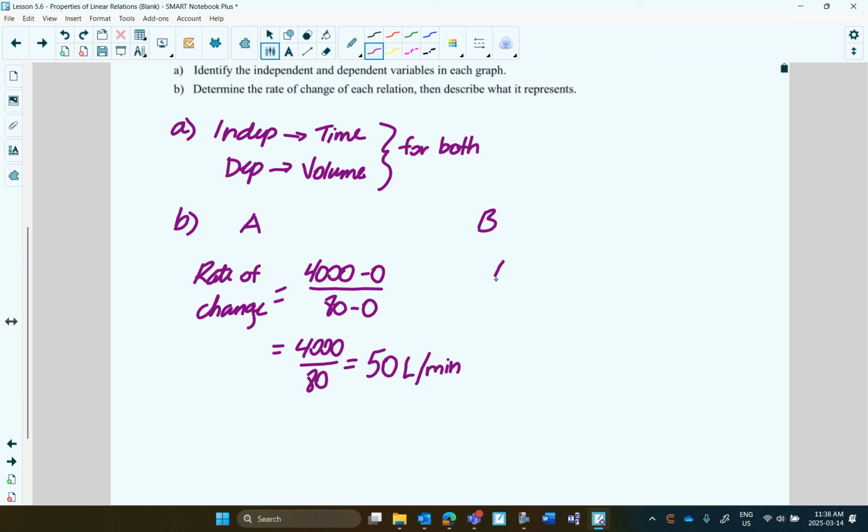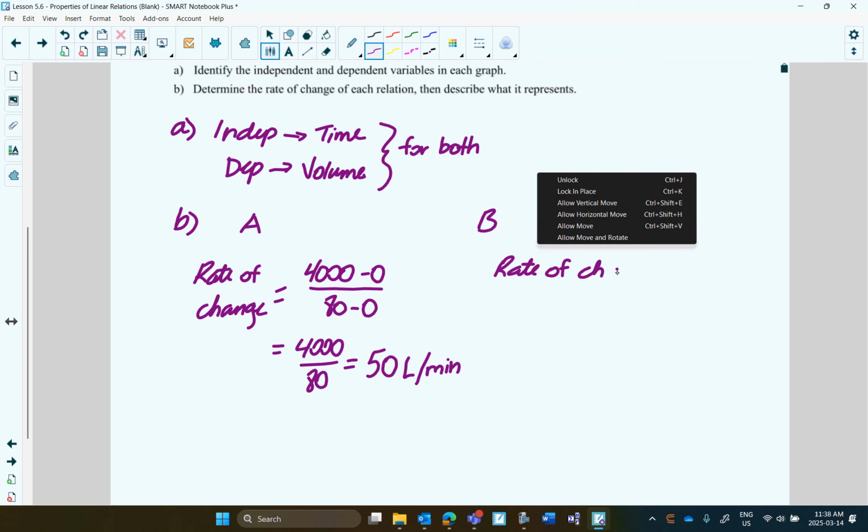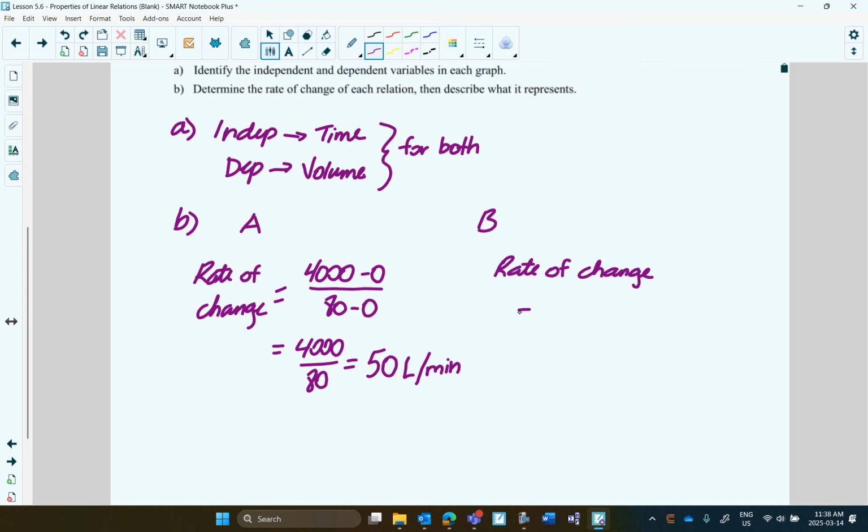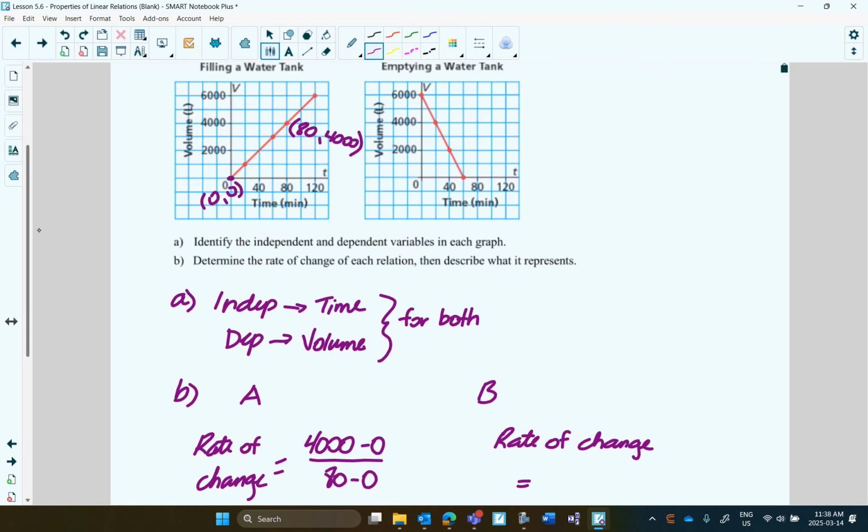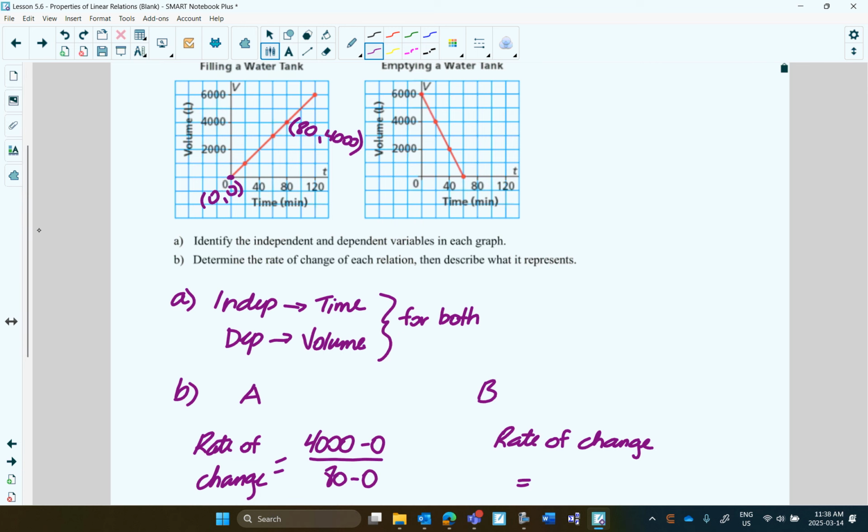For the second one, well, we don't get to use 0, 0. Which ones would you like to use? 6,000, okay, so 6,000 and 2,000. And like I said, it doesn't matter which one we call which. We can call the higher one the second one. It's still going to give us the same answer.